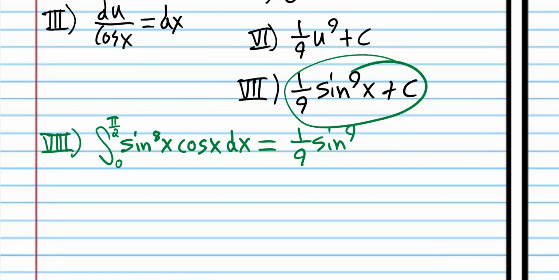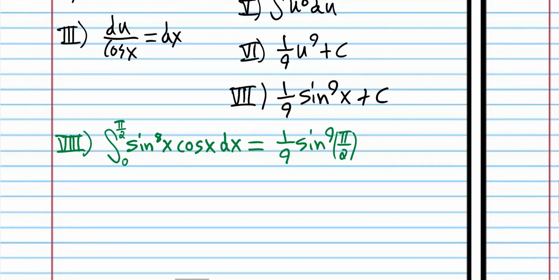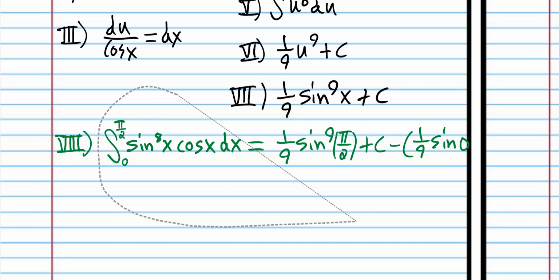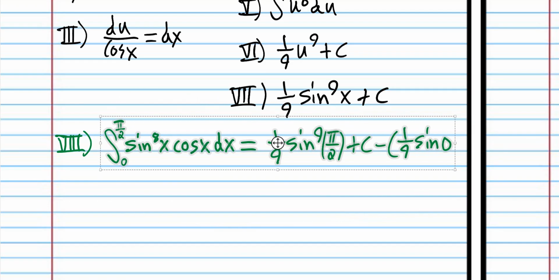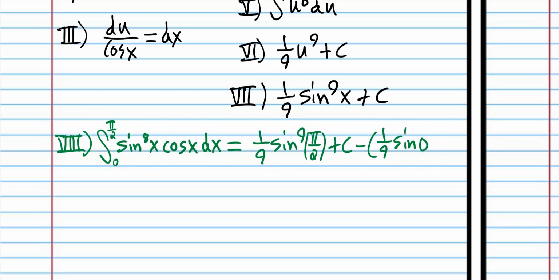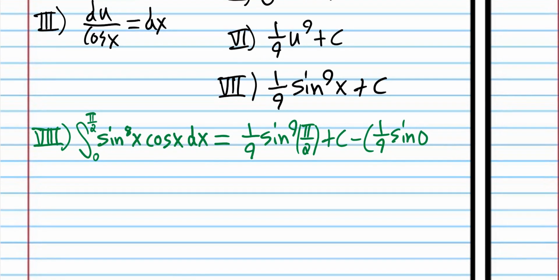So we're going to write this antiderivative family of functions, but we're going to plug in pi over 2. And then we're going to subtract that same family of antiderivative functions, but now we're going to plug in 0. So you can think of it as the antiderivative function with pi over 2 plugged in minus the same antiderivative function with 0 plugged in.